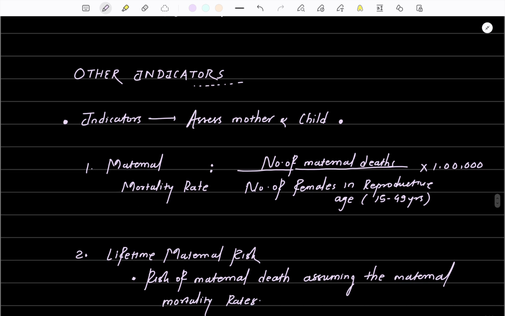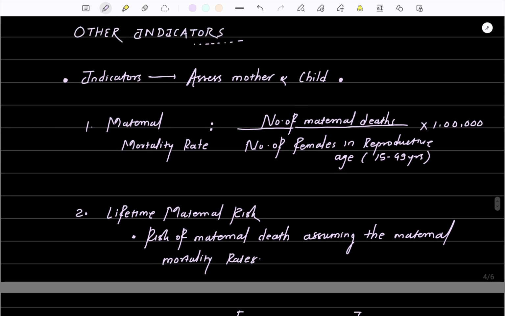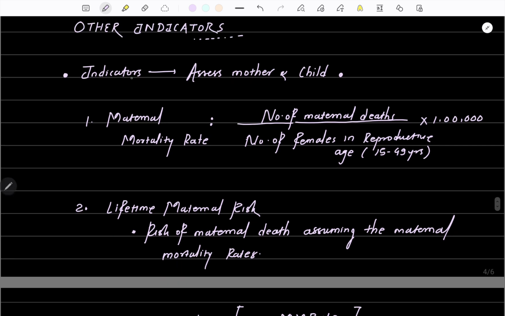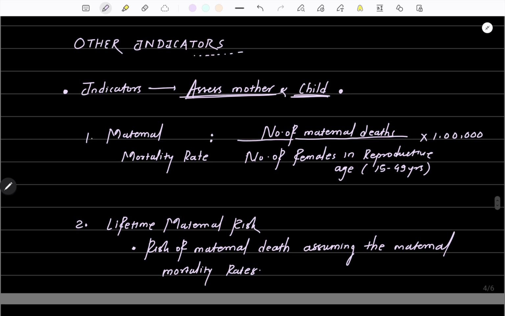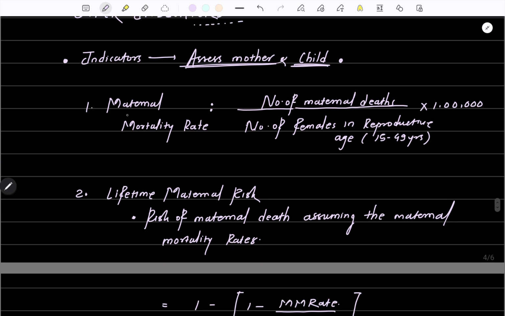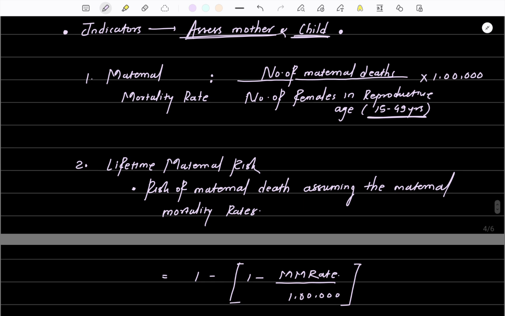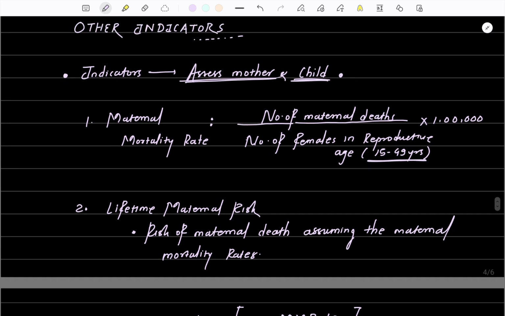Okay, then other indicators that are used to assess mother and child health. First is the maternal mortality rate: number of maternal deaths upon number of females in reproductive age, that is 15 to 49 years, into 1 lakh. I told you the difference between maternal mortality rate and ratio is very important.